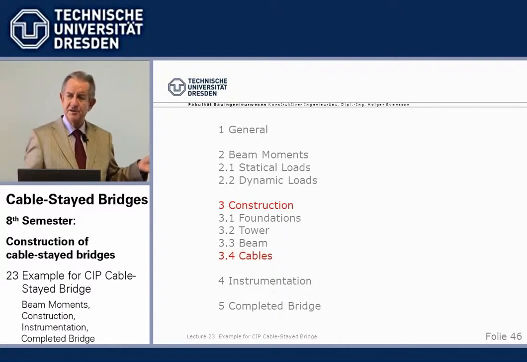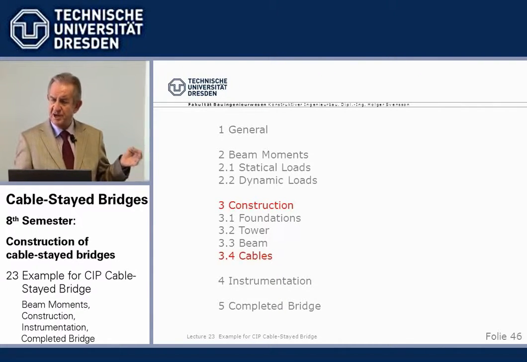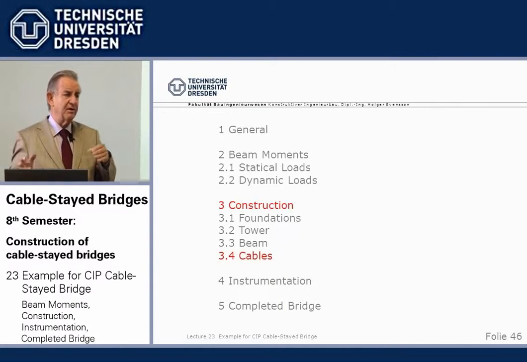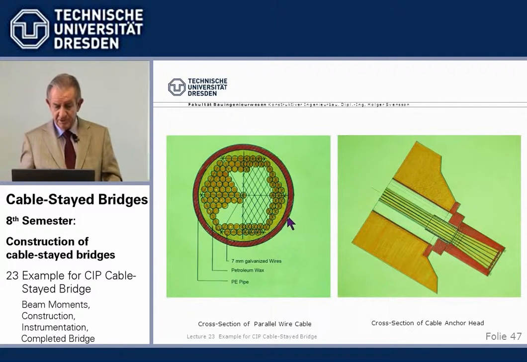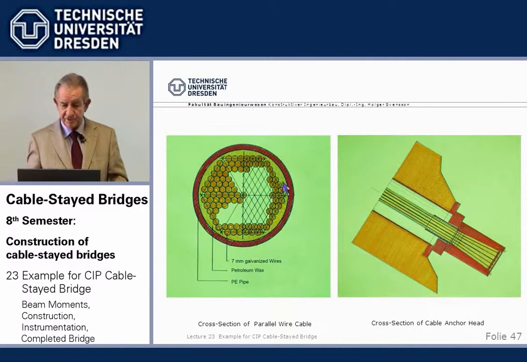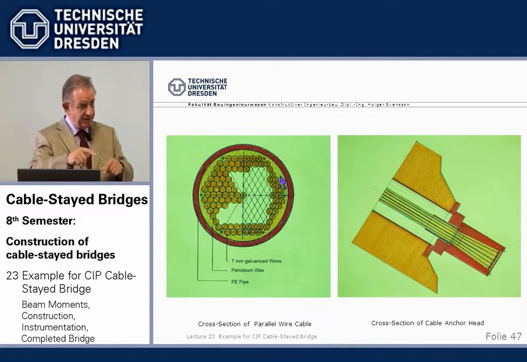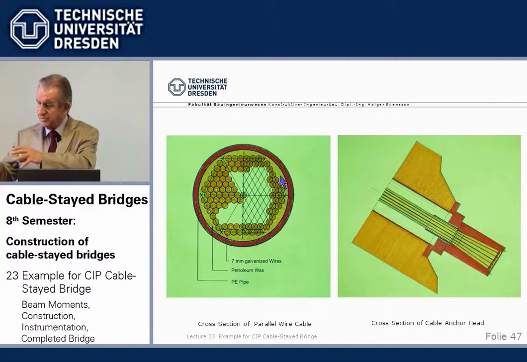Now, stay cables, parallel wire cables, you know all about it. The first ones we had for corrosion protection after installation, we had cement grouted. Now here at the polar circle, in winter, it was too cold for the cement grout. So for the first time we used some petroleum wax, which can be inserted in a shop and is flexible enough that we can still use reels to transport the cable on site.